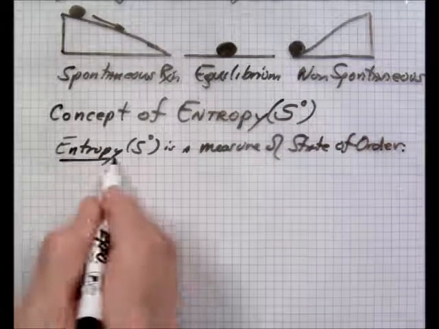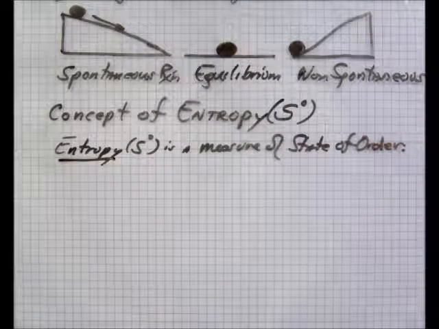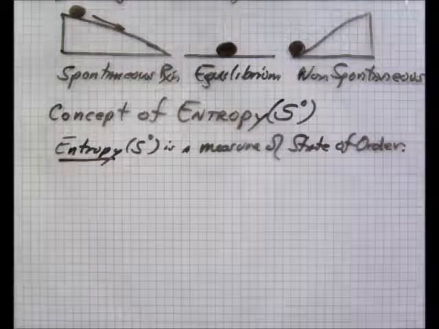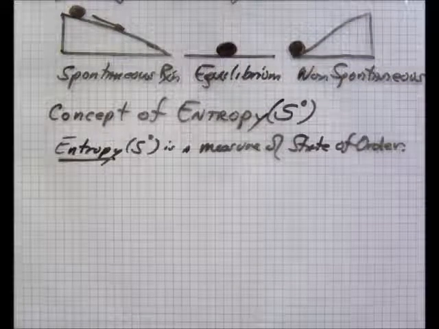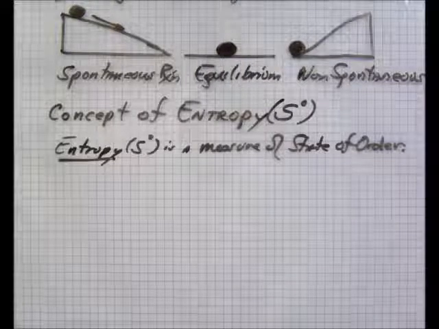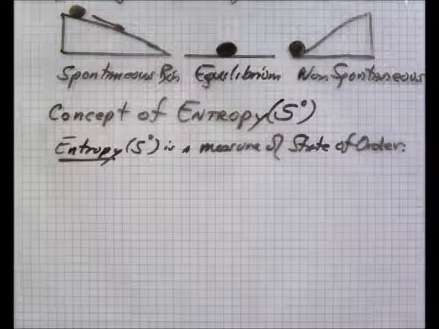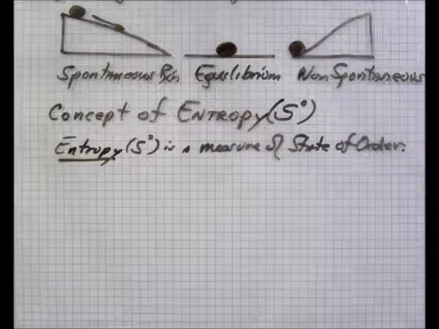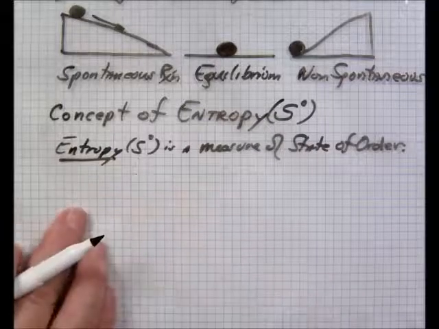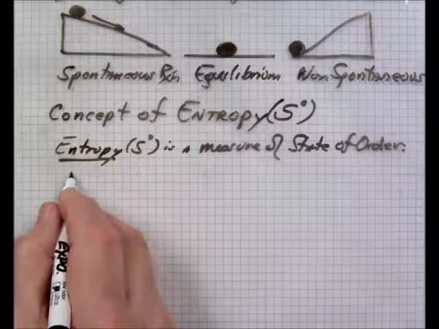So entropy S individually is what we refer to as a measure of the state of order, scatter of something. Now that could take many different forms in terms of disorder. To illustrate what we're talking about in this is a positional entropy.